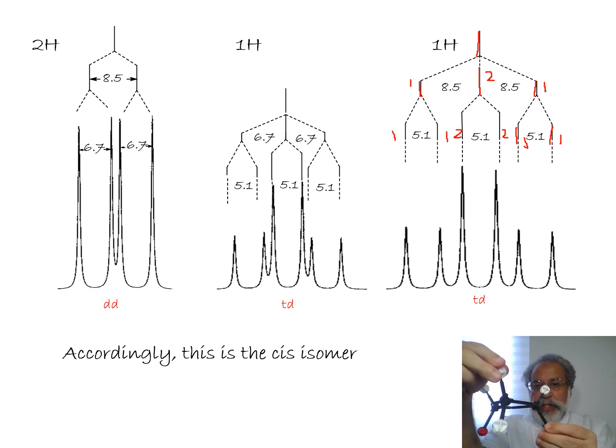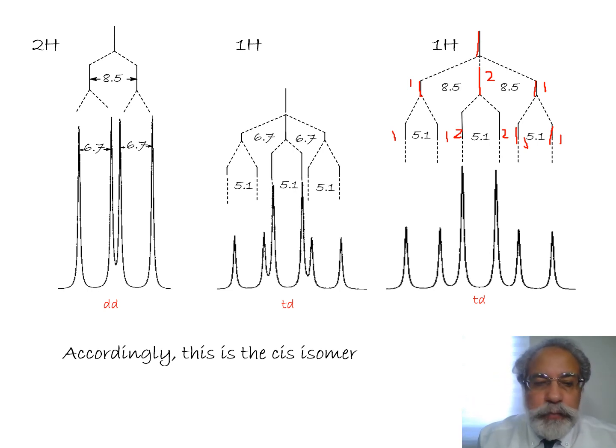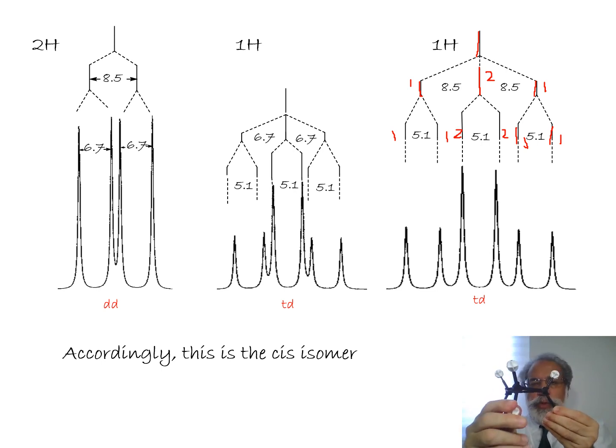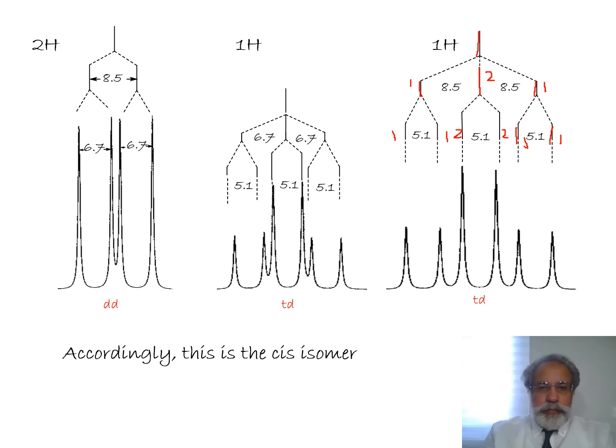This proton with these two equivalent protons will be a triplet, and coupled to that one, each line of the triplet will be a doublet. On the other hand, these protons will couple to those two protons, triplet, and then to this one, doublet.